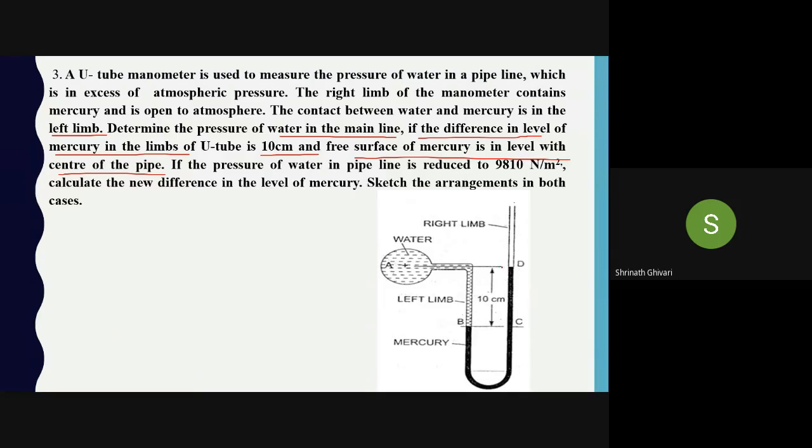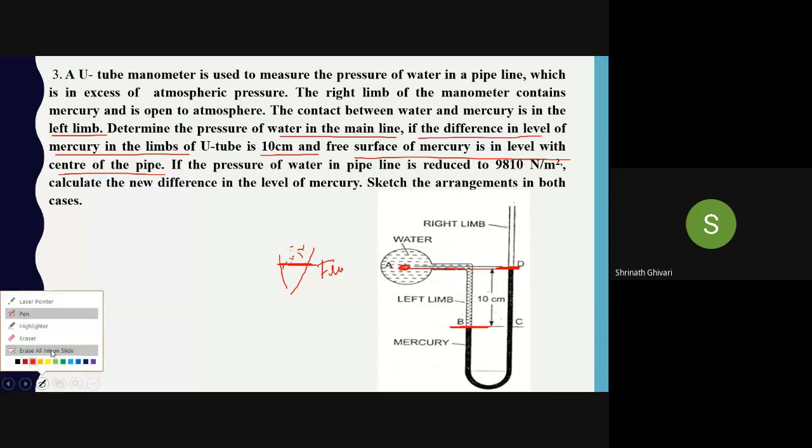Whenever a liquid is in contact with atmospheric air, that surface is known as the free surface. This is not the free surface. Remember this: this is an interface between liquid water and mercury. This is the point where it is the free surface. The free surface of mercury is this, which is in line with the center of the pipe.